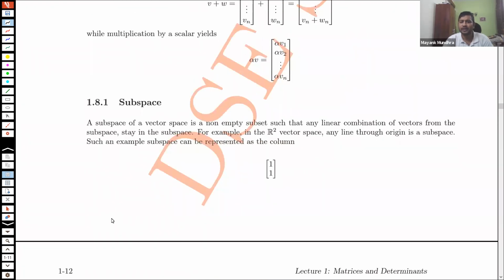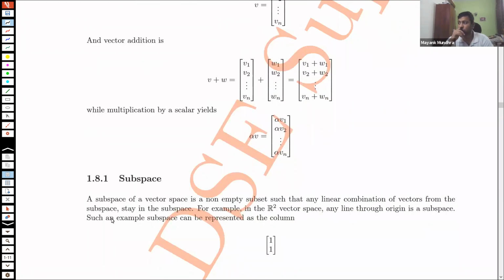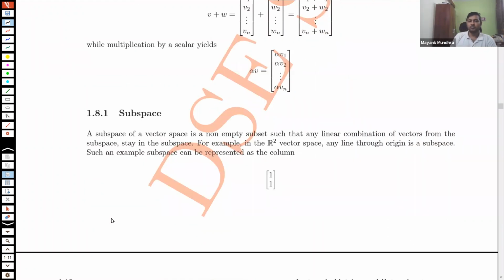Now, in vector spaces, what are subspaces? A subspace of a vector space is a non-empty subset such that any linear combination of vectors from the subspace stays in the subspace.